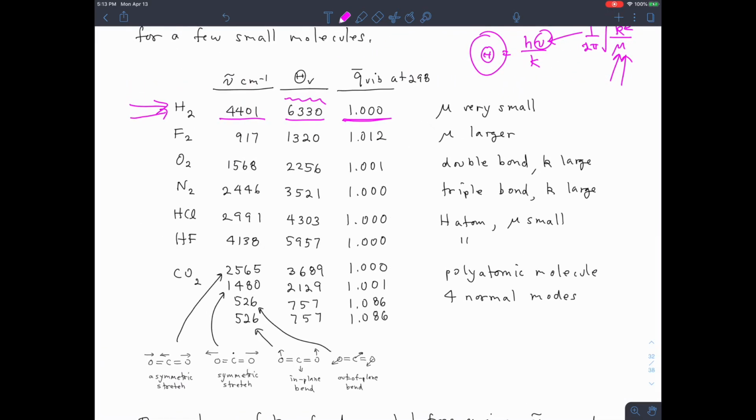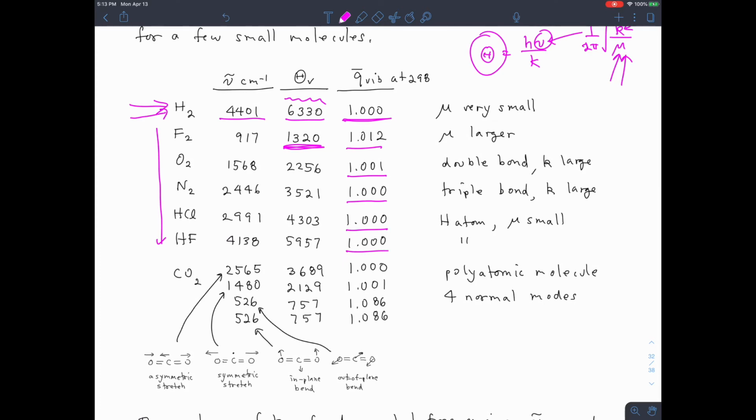And now look at these vibrational temperatures. Here's a whole bunch of diatomic molecules. And the lowest vibrational temperature on the chart here is still 1,000 degrees, 4 times bigger than room temperature. And so we're just not getting any population for anything other than the ground state for any of these vibrational partition functions.